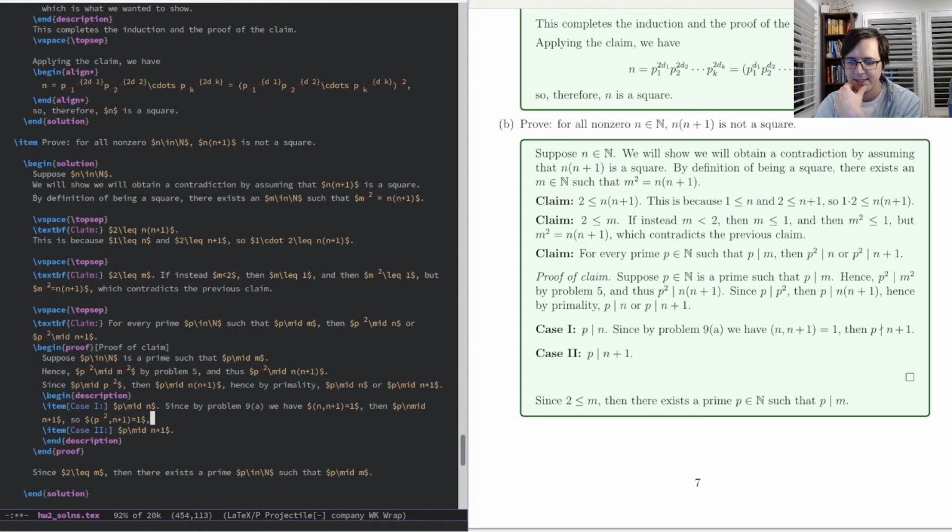Well, definitely p does not divide n plus 1, so p squared... Great. So another thing is, if p squared divides a product, but the GCD with one of the two numbers in the product is 1, then, thus, since p squared divides n times n plus 1, p squared divides n.